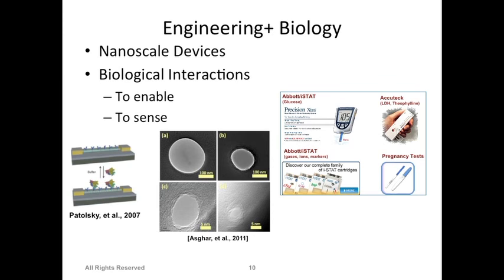But the whole point is, when you use a strip, it looks very simple. It's very cheap, not very expensive, maybe $5 you can get one. But there's a lot of nanotechnology inside even those pregnancy strips.